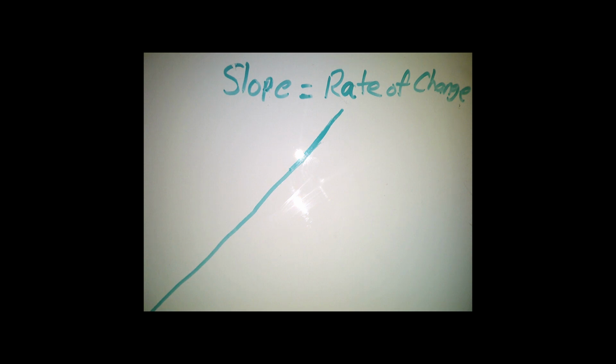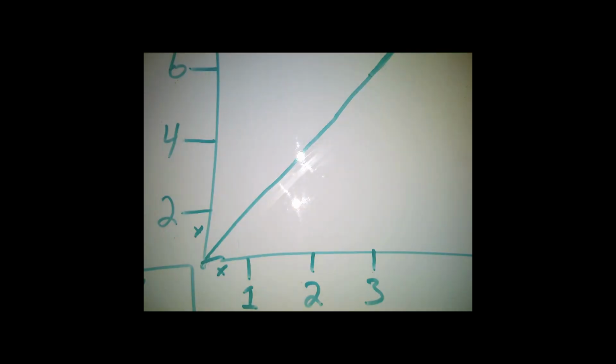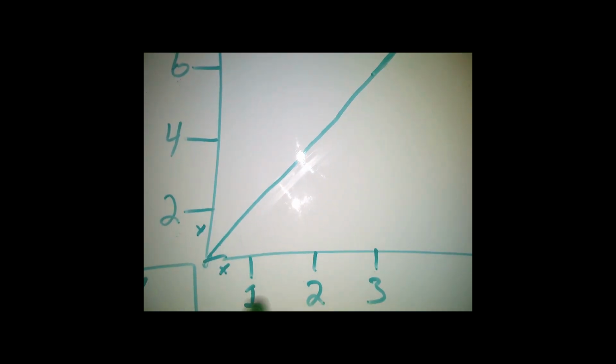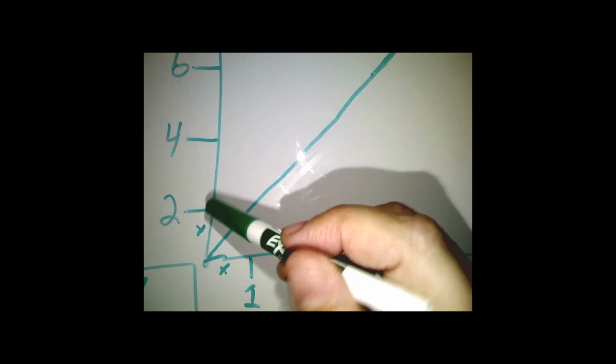The slope is actually going to be the same thing as the rate of change. The difference here is we're looking at the slope of a line segment, or the distance between 2 points on a graph. So our x-coordinates, we have 1, 2, and 3. And our y-coordinates are 2, 4, and 6.